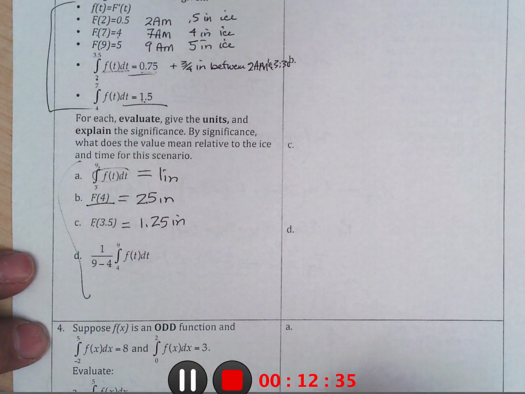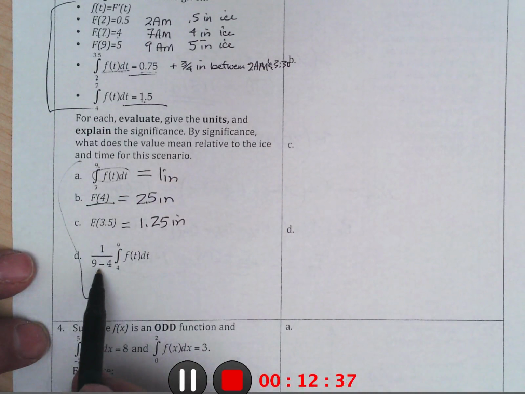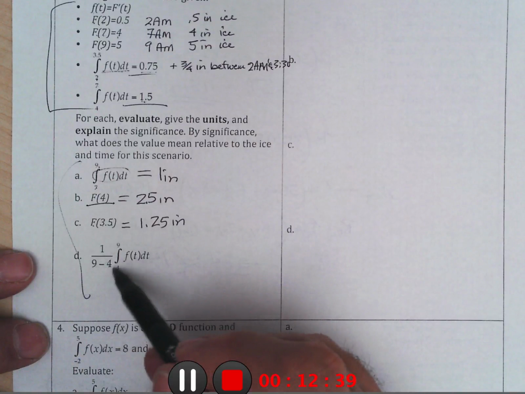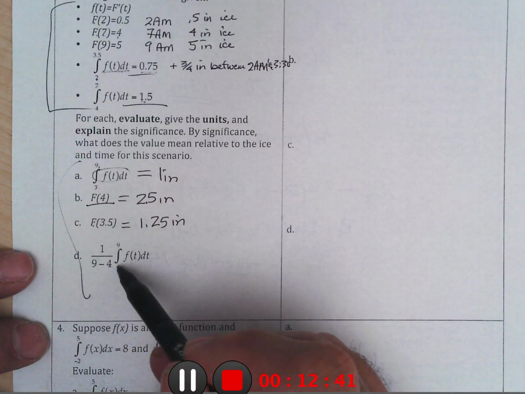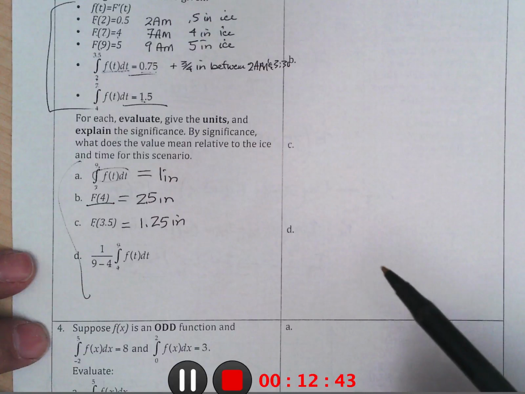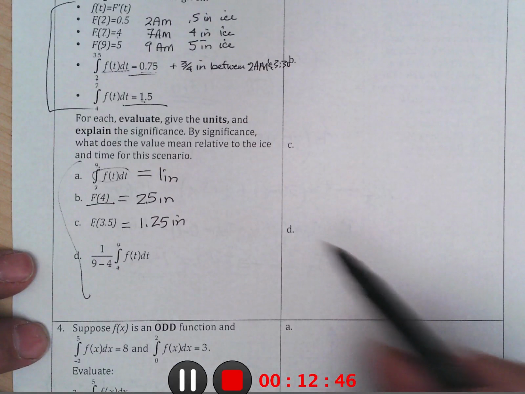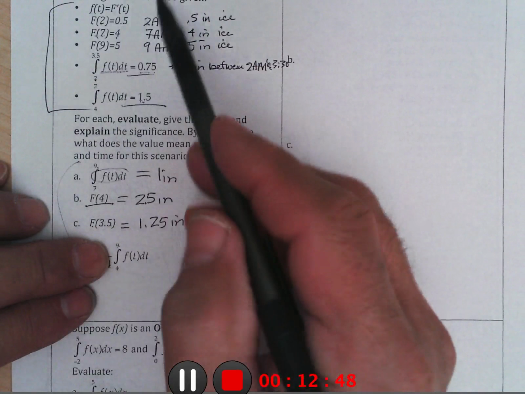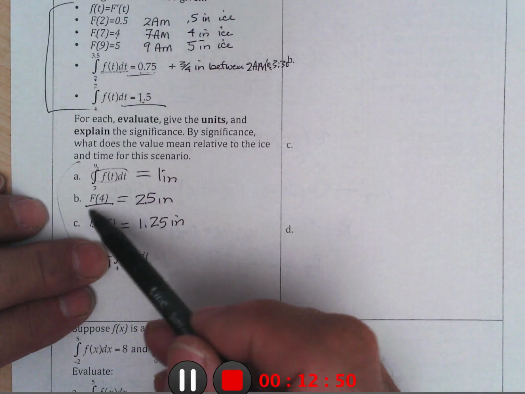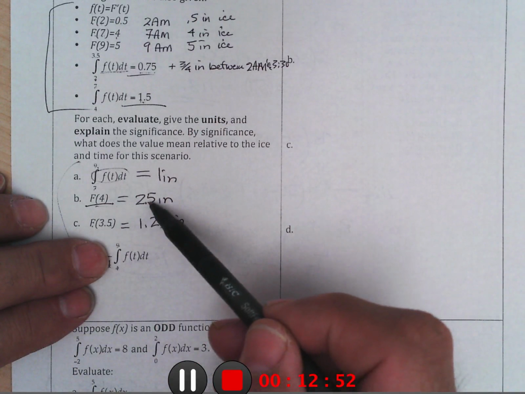And this says, what was the average amount of ice between 4 and 9? So between 4 and 9, at 4 we figured out there was 2.5 inches. At 9 there's 5 inches.